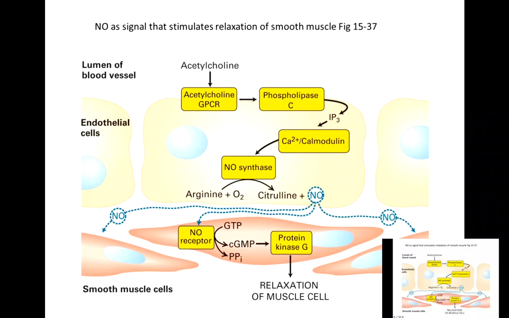Nitric oxide gas binds to a nitric oxide receptor on muscle cells, generates cyclic GMP, which stimulates protein kinase G, which stimulates relaxation of muscle cells.